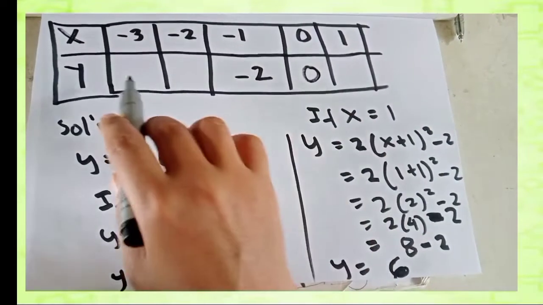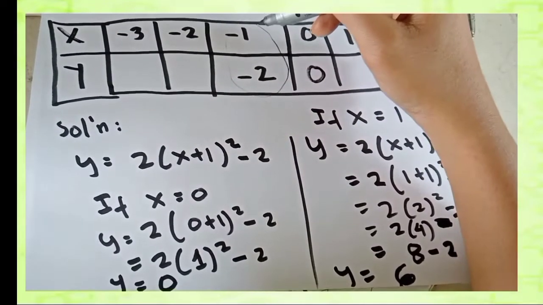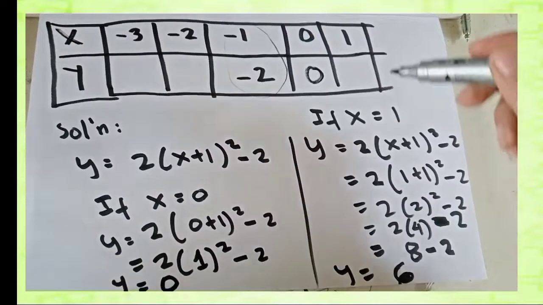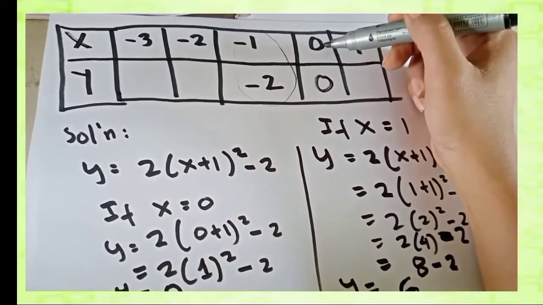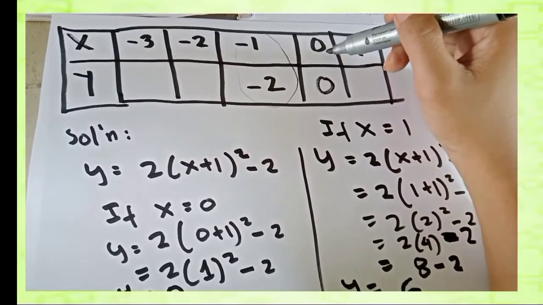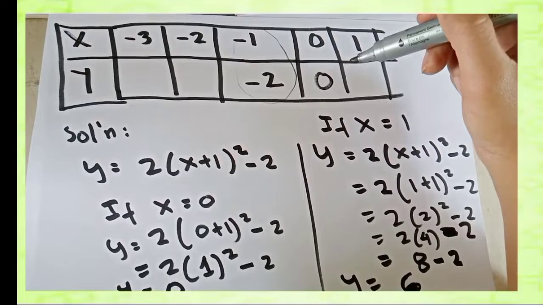So to find the values, di ba, ito yung center natin, h and k, or h is negative 1 and k is negative 2. Then this time, kukunin natin ang value sa y. If x equals to 0, y 0 ang nilagay nito. So susundan nyo ang step na to.